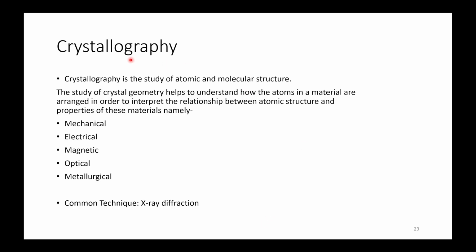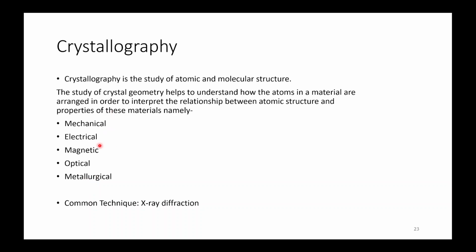Now crystallography is the study of atomic and molecular structure, and the study of crystal geometry helps to understand how the atoms in a material are arranged, in order to interpret the relationship between atomic structure and properties of these materials, namely mechanical, electrical, magnetic, optical, and metallurgical properties.